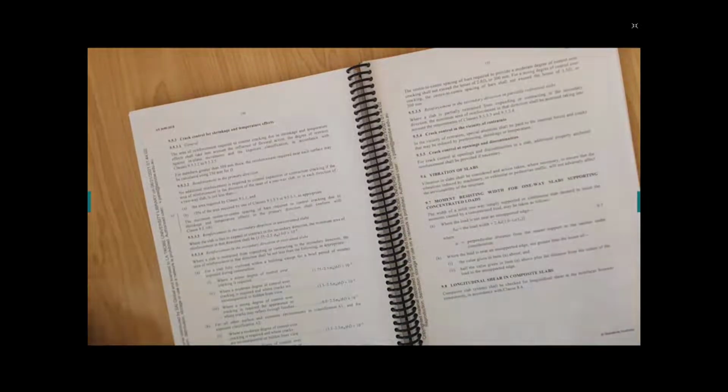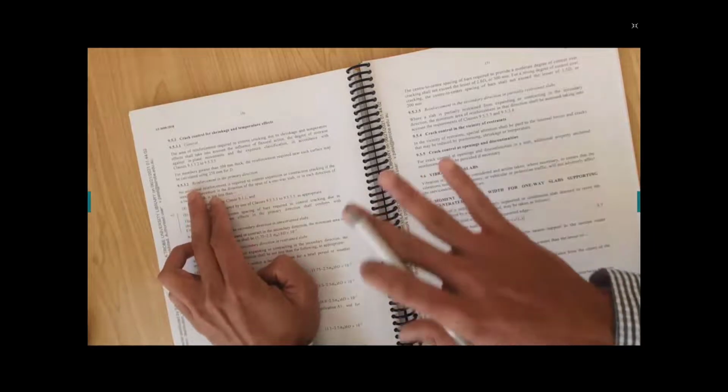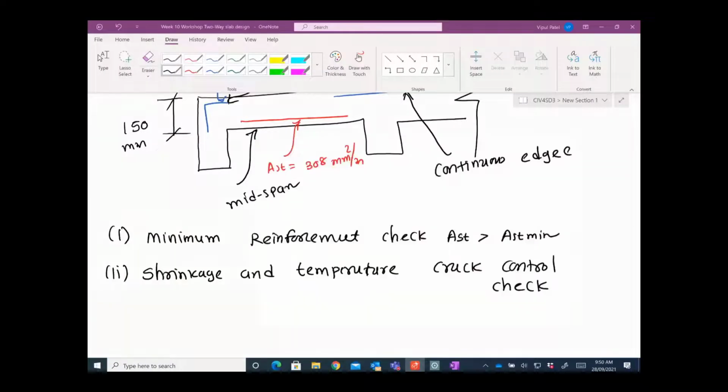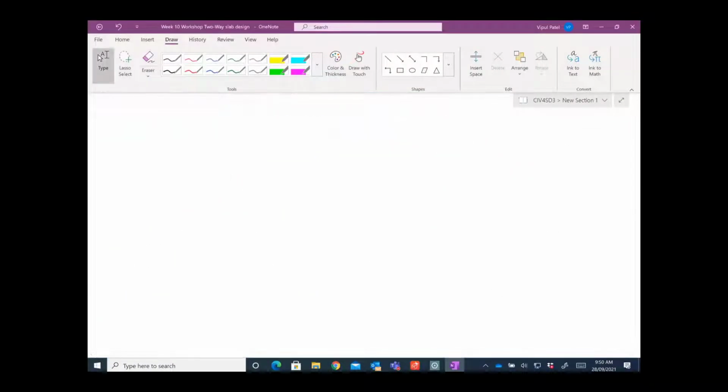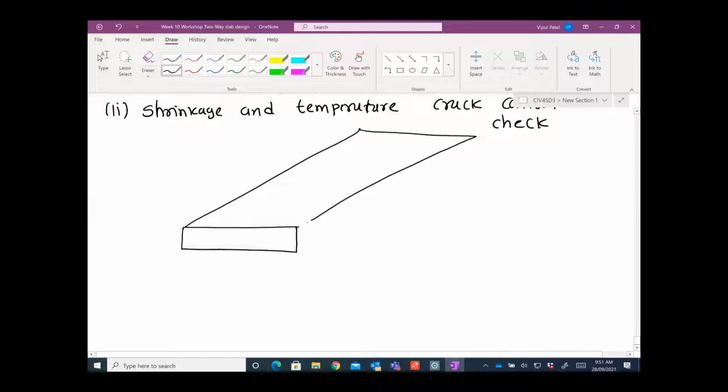Now let's do these crack controls. So we have clause 9.5. X is the primary. What does primary and secondary mean? You have this slab, which is 5.5 meters in this direction and 7.5 meters in this direction, right?